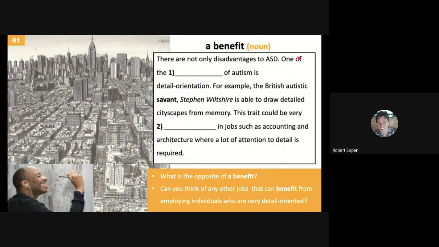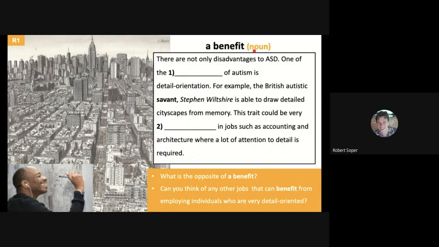Well, if we're going to say one of the something, then we know there is more than one. If we're only taking one out of something, then we know there's more than one. And that was the clue of why this should be a plural noun. So it should be benefits.